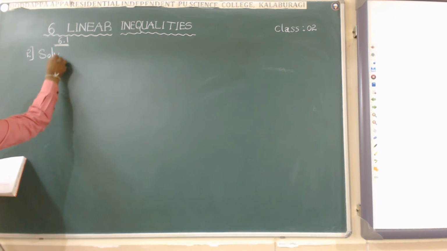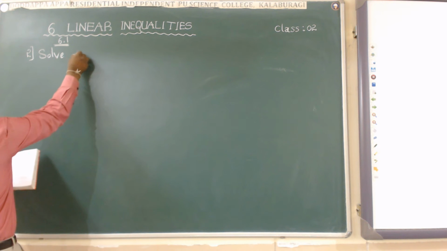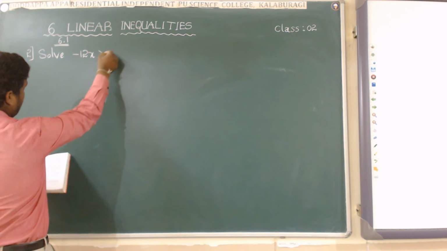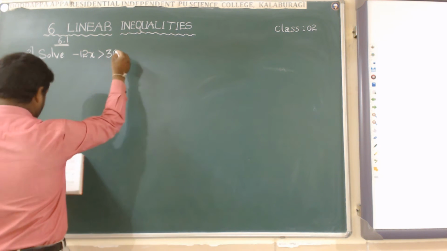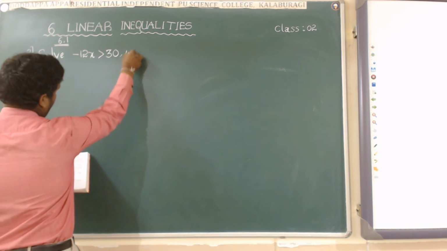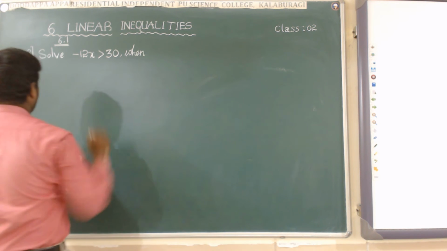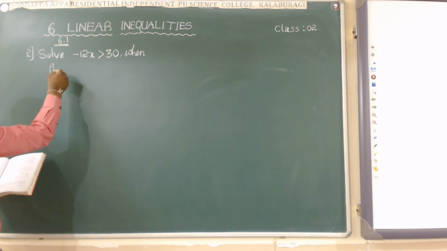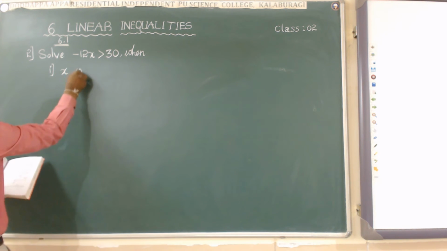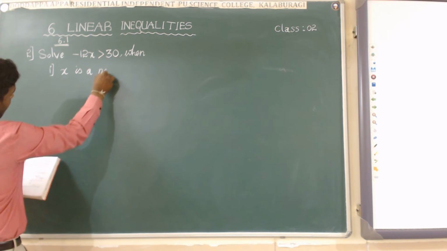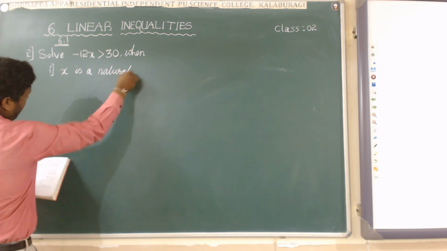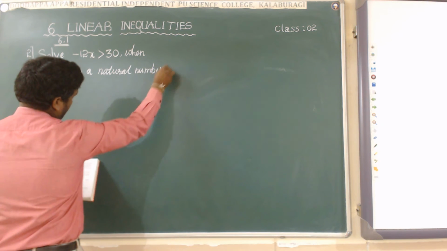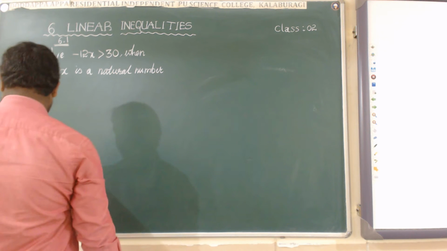Solve minus 12x is less than 30, when, first, x is a natural number.